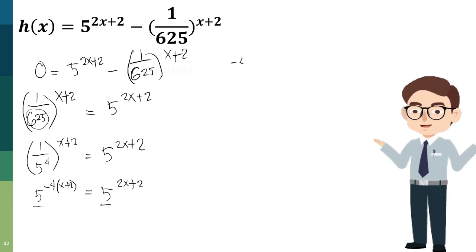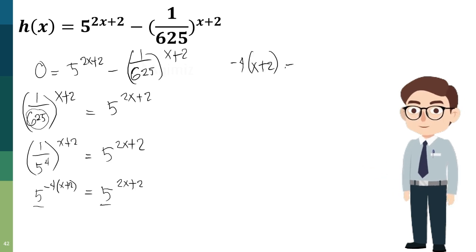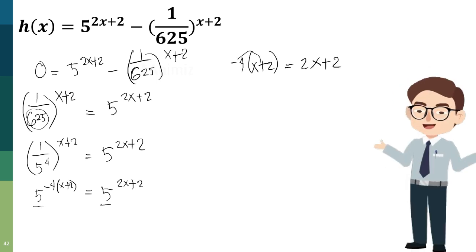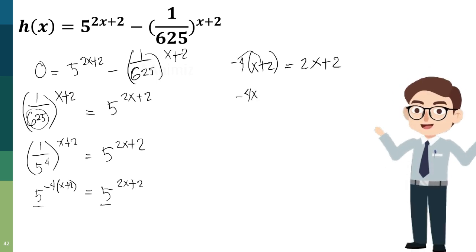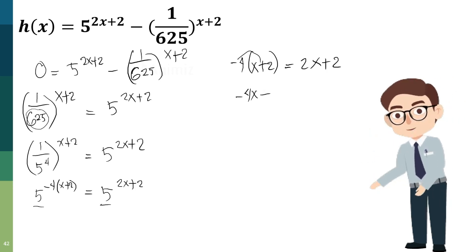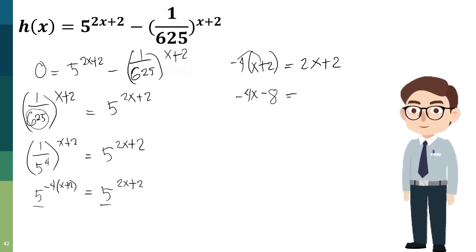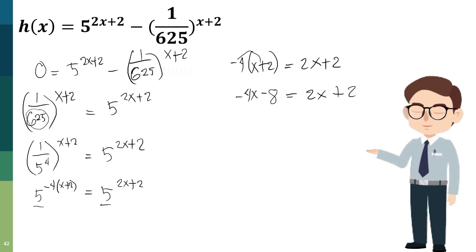That is negative 4 multiplied to x plus 2 is equal to 2x plus 2. Let's simplify. Negative 4 times x is negative 4x. Negative 4 times 2 is negative 8. Negative 8 is equal to 2x plus 2.